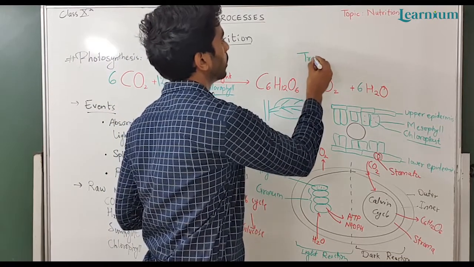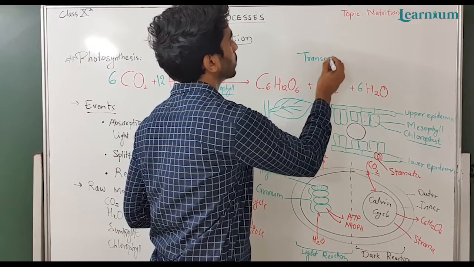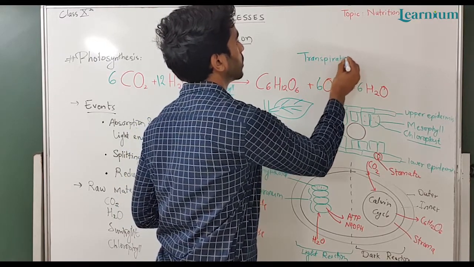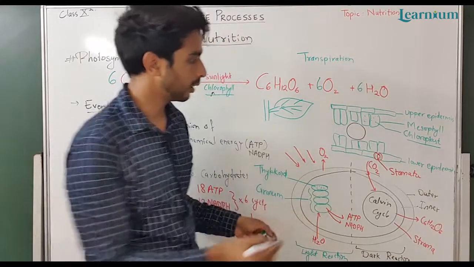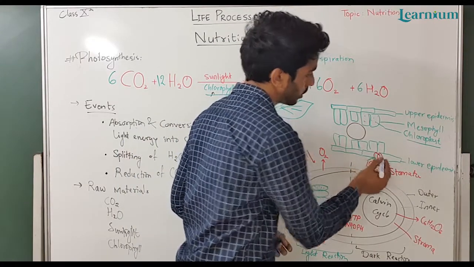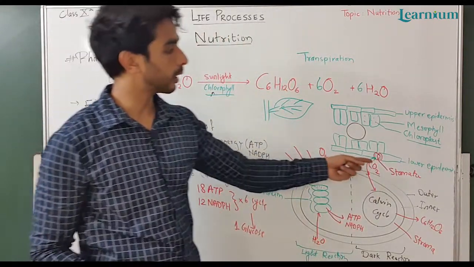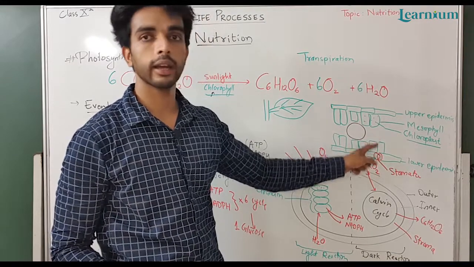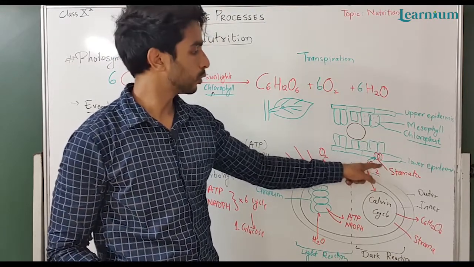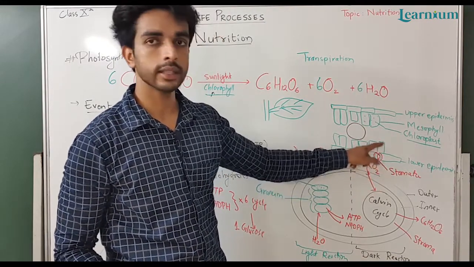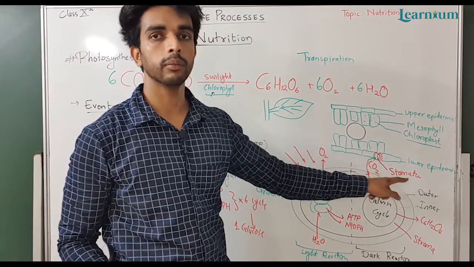So transpiration is a process which is occurring because of the stomata. So the stomata is the site for gaseous exchange. From this, oxygen is getting inside and carbon dioxide is getting expelled.